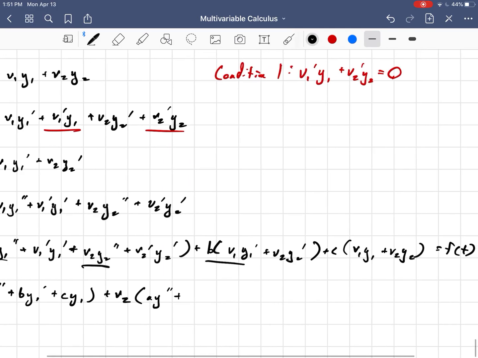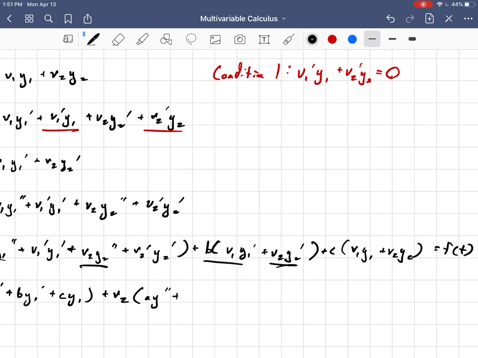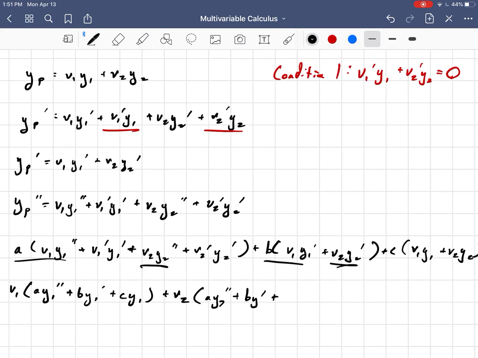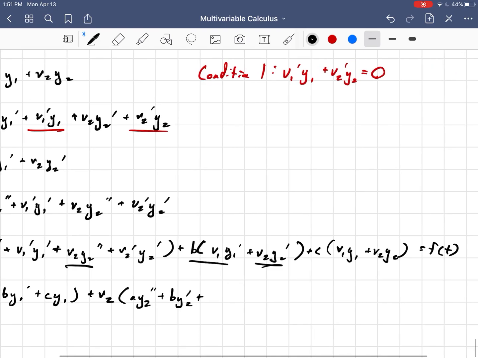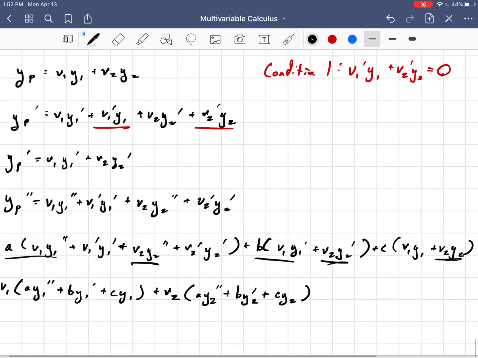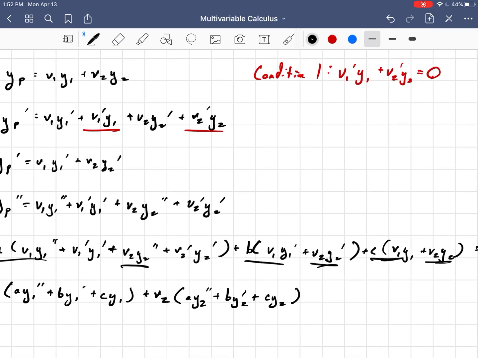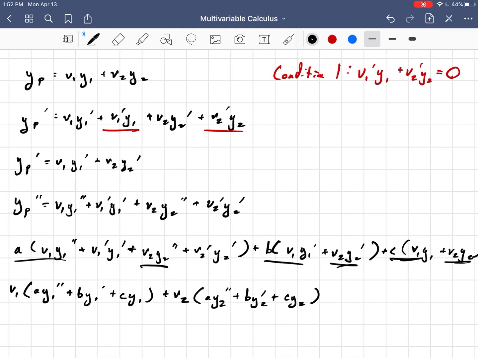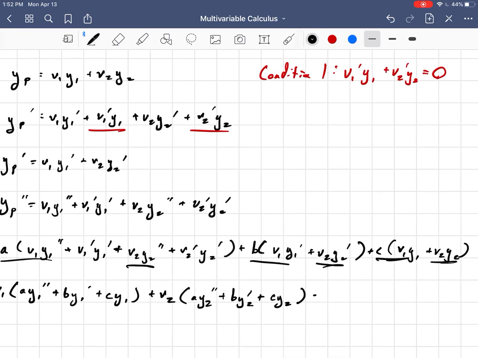Now I have plus v sub 2. Now I have the y double prime here, so ay sub 2 double prime plus, now I have the by sub 2 prime here, plus, now I have the c, oh, I forgot my 2. There we go. Plus the c y sub 2 there.